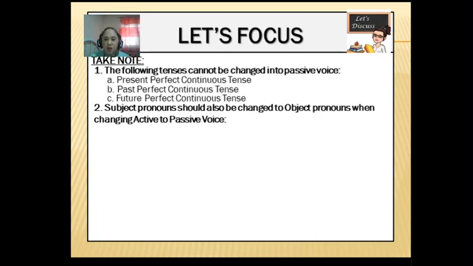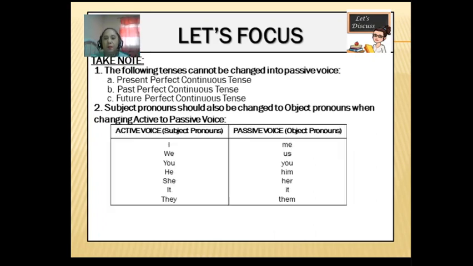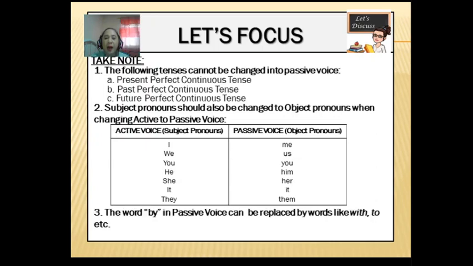Subject pronouns should also be changed to object pronouns when changing active to passive voice. Example, I becomes me, we becomes us, you becomes you, he becomes him, she becomes her, it, and they, them. And the word by in passive voice can be replaced by words like with, to, etc.